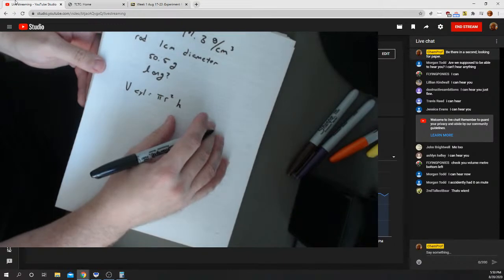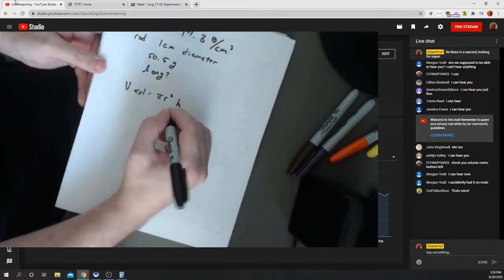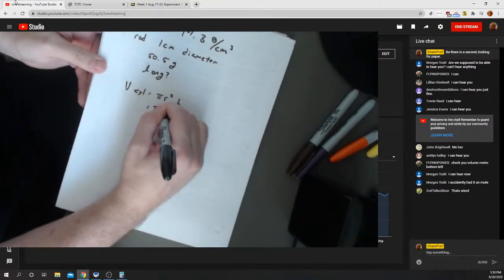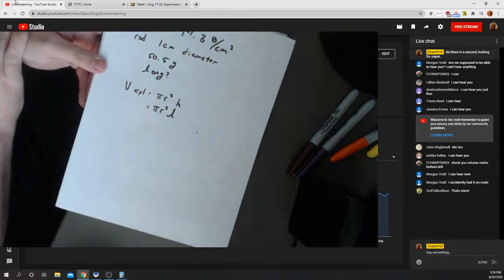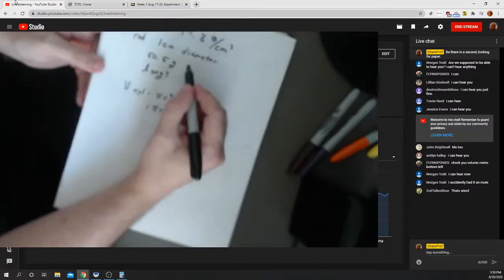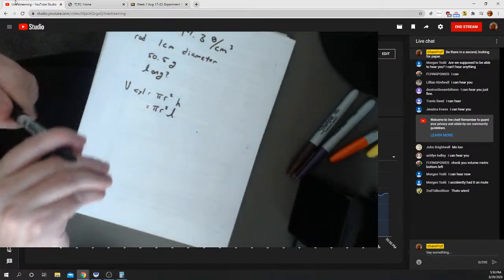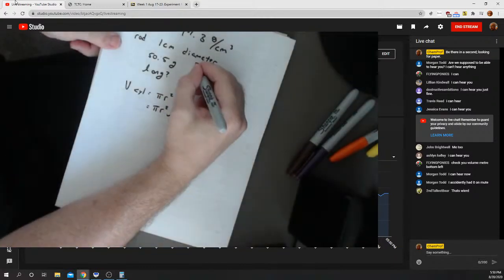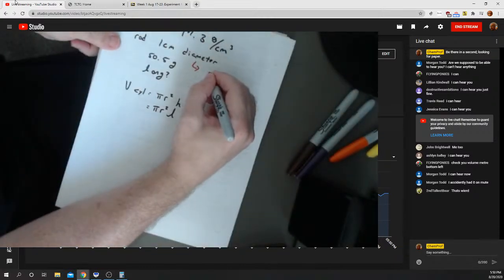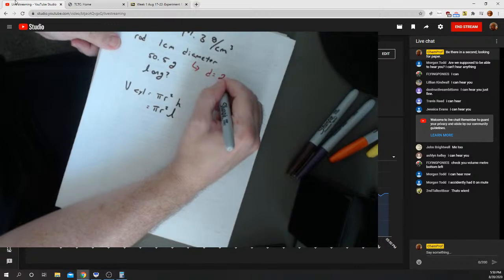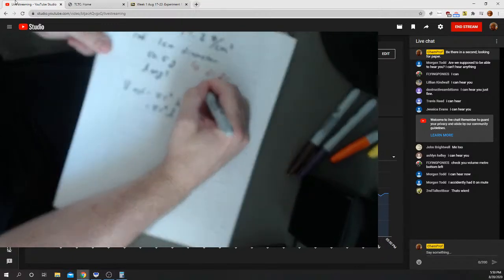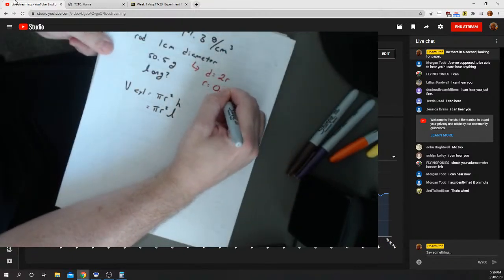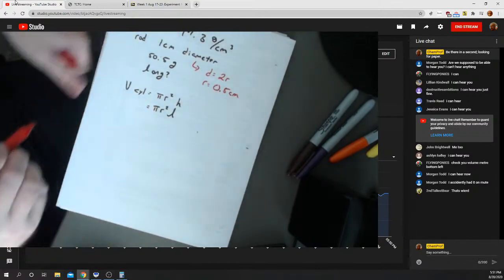A rod is just a cylinder lying on its side, so it's pi r squared times the length. So we know that it has a 1 centimeter diameter. The diameter is just twice the radius. So the radius is equal to 0.5 centimeters.